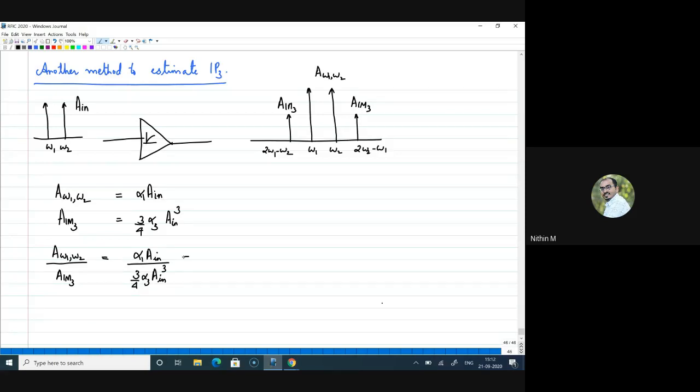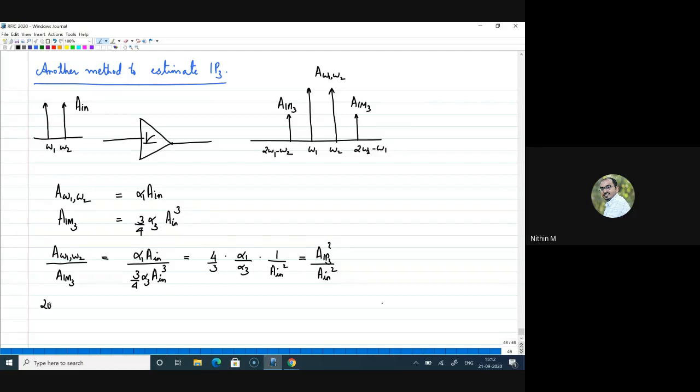This can be further written as 4 by 3, alpha 1 by alpha 3, and 1 by A in square. What is 4 by 3 alpha 1 by alpha 3? It is nothing but AIP3 square, the third intercept point, right? I am just substituting in that form. So this can be written as AIP3 square divided by A in square, right?